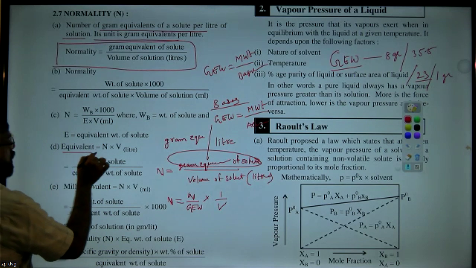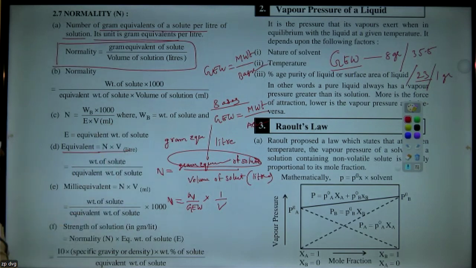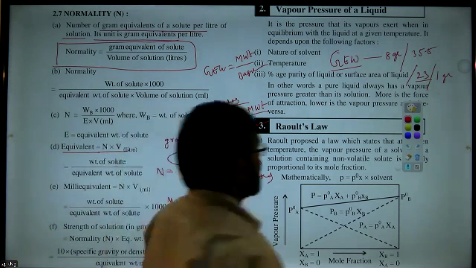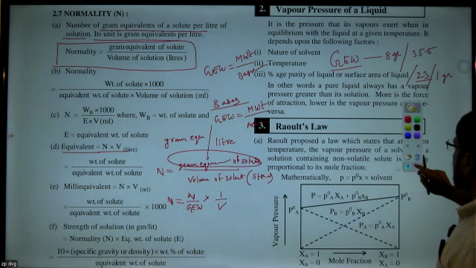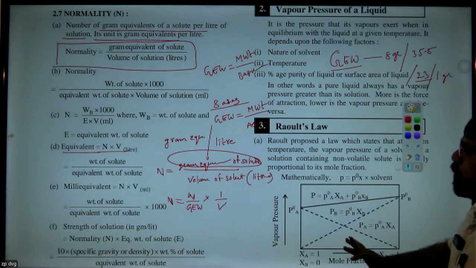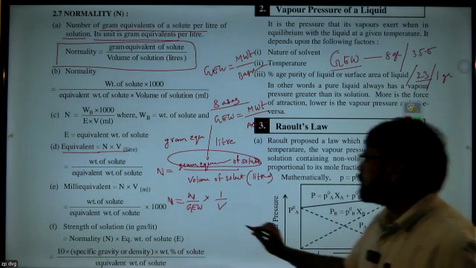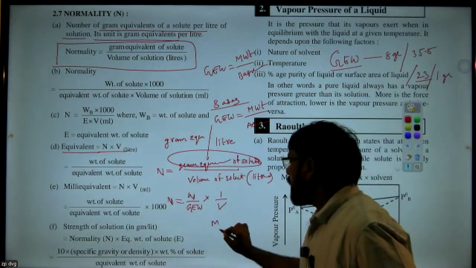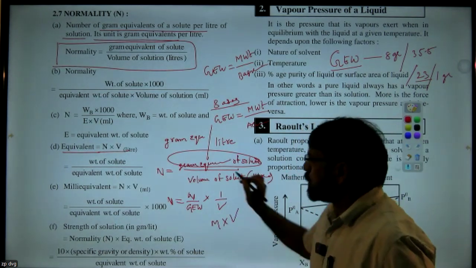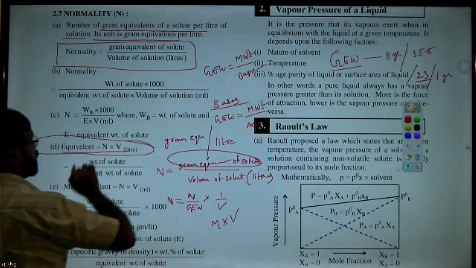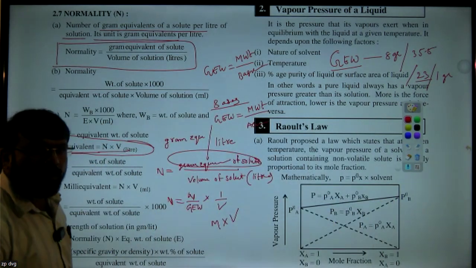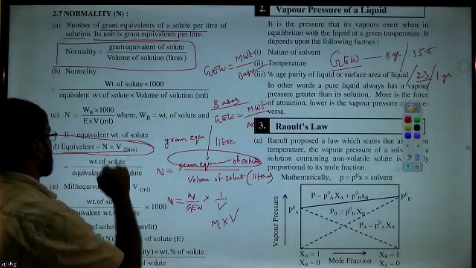Now, to calculate the number of equivalents, what formula can we use? In molarity we discussed how to calculate the number of moles: molarity into volume. Similarly, to get the number of equivalents, normality into volume we can use.